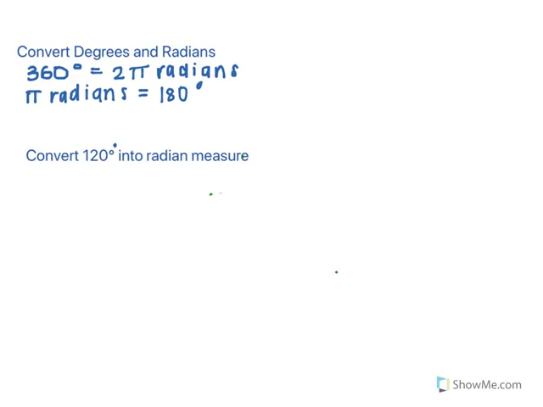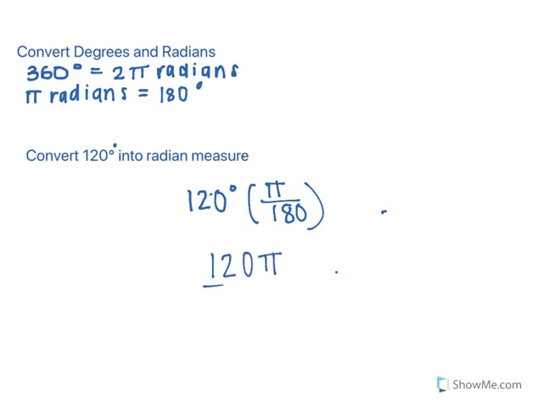Now let's convert 120 degrees into radian measure. So once again, to set this up, we would write 120 degrees times pi over 180. From here we would get 120 pi over 180.